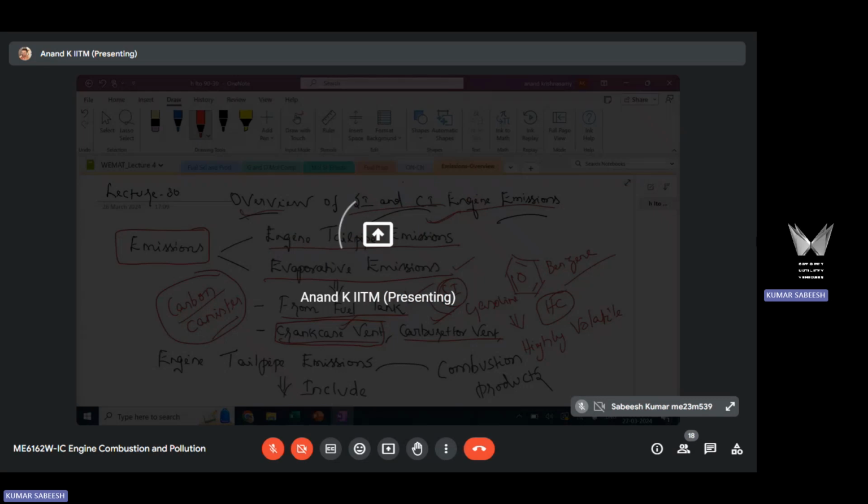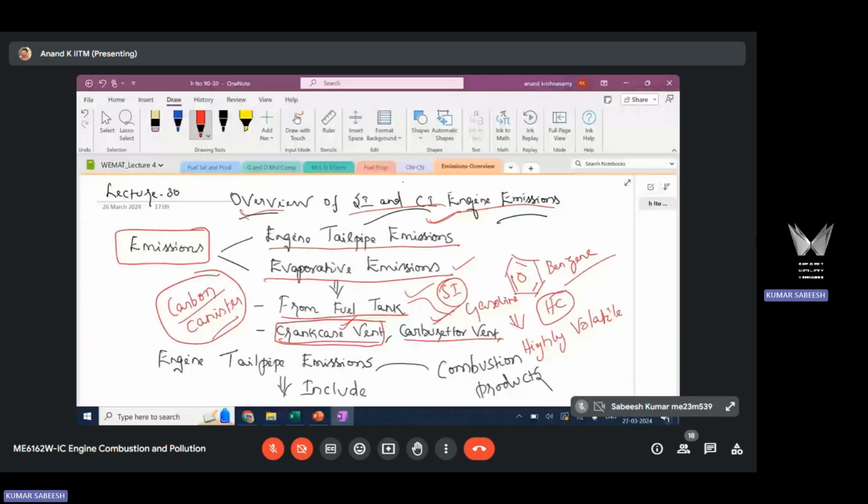The fuel vapor, once it reaches its threshold value, you can purge air to release the vapor into the intake system. This is generally followed to avoid this problem of evaporative emissions.